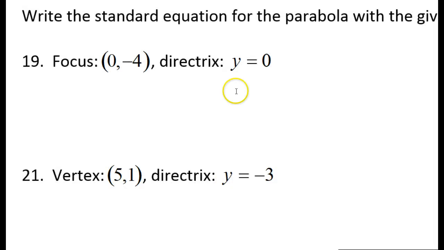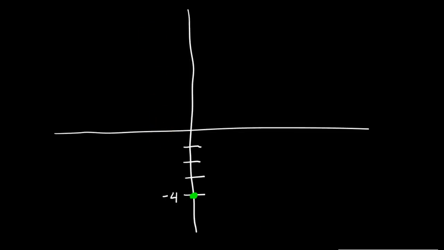They tell us that the directrix is y equals 0. Y equals a number is always a horizontal line. So we're talking about a horizontal line at 0, which means the x-axis. So this is the directrix right here.